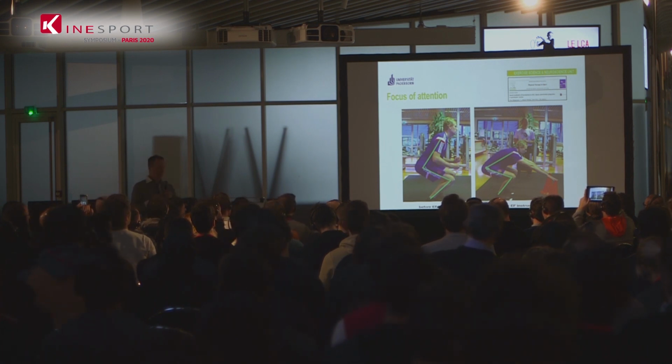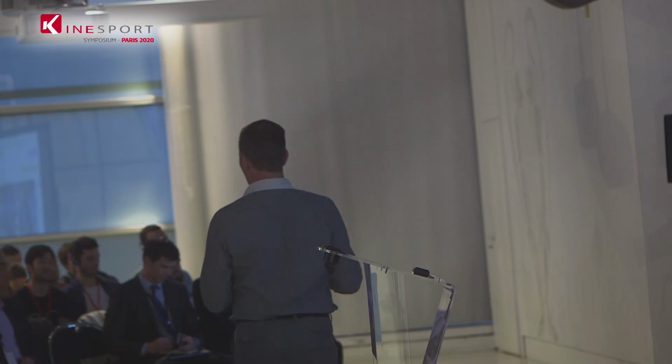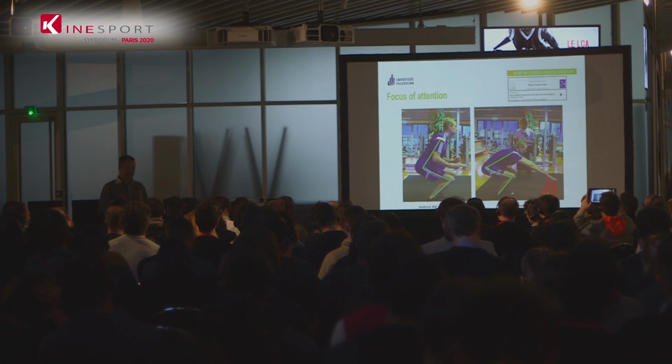What's the difference? When you use an external focus, you focus on the goal of the movement, and it entices basically the automatic motor control patterns that would normally take place. If you go into an internal focus, you rely more on conscious movement control, and that typically results in a stiffer motor pattern.